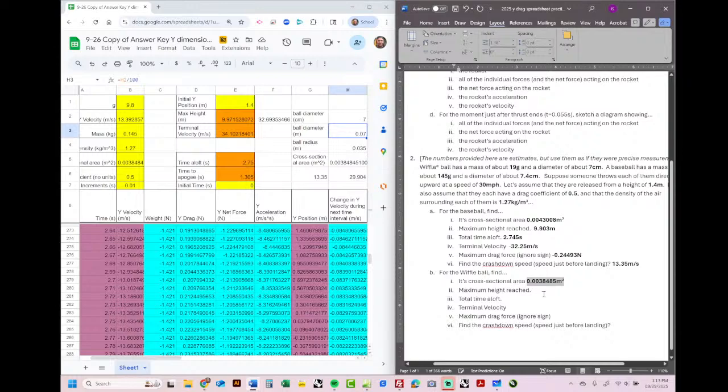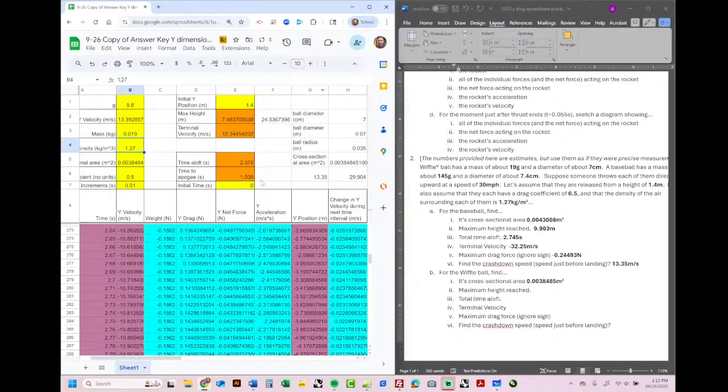And the maximum height reached was, oh no, I'm not done. Need to put in the mass. 19 grams. So here, instead of 145 divided by 1,000, it's going to be 19 divided by 1,000.